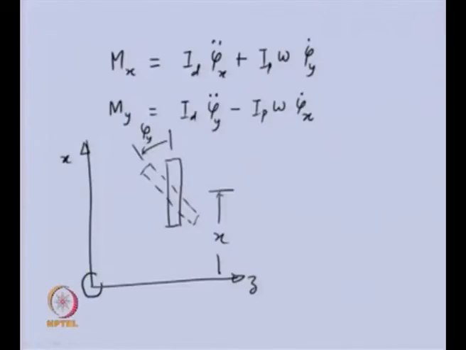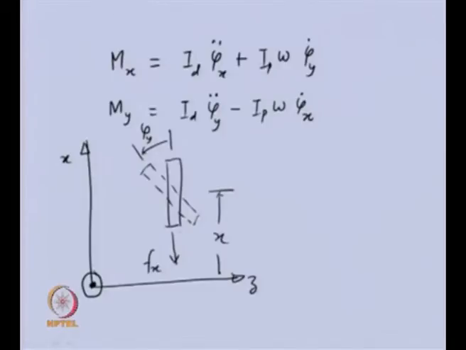The y axis is perpendicular to the screen and coming outside the screen. So this particular point represents the tip of the arrow of the y axis, and because of these displacements we will be having Fx in the downward direction, opposite to the displacement.